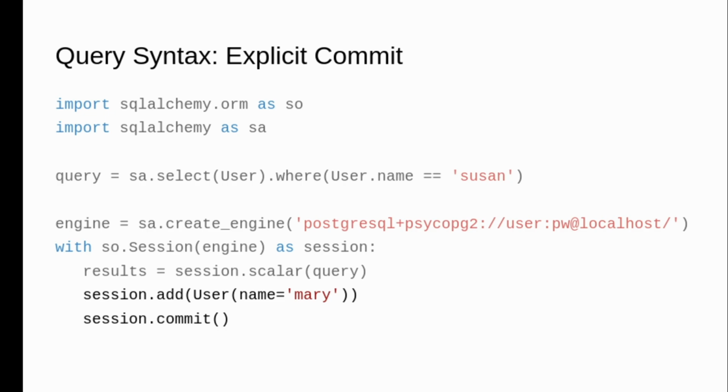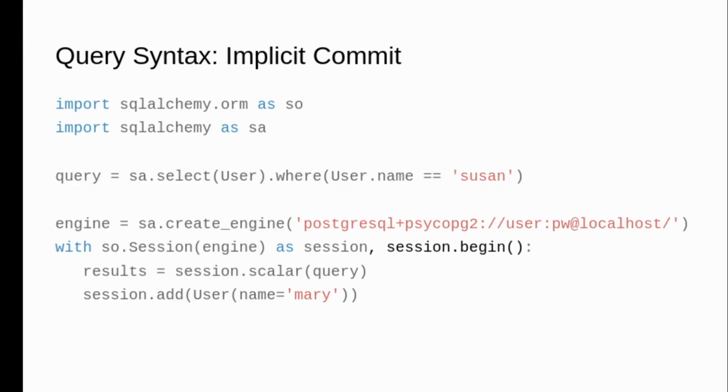So to add an element, a row, to a database or to a table, this hasn't changed. You do session.add and add the object, and then you commit the session. Something that's new that I also like a lot: when I use this format, I end up putting commits all over the place.